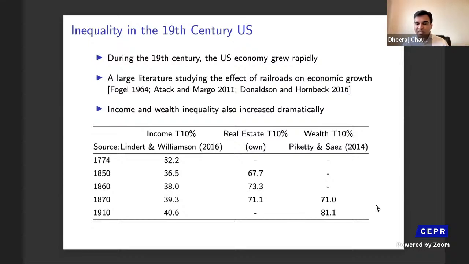Piketty and Saez also find that in the second half of this century, the wealth share of the top 10% also increased. So at a time when railroads are expanding and the US economy is growing, both income and wealth inequality are also increasing. My paper tries to quantify the effect of railroads on wealth inequality.